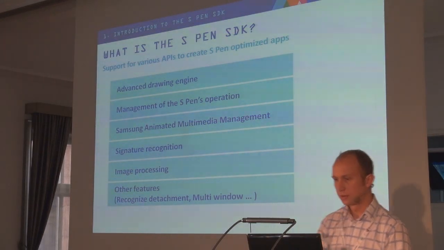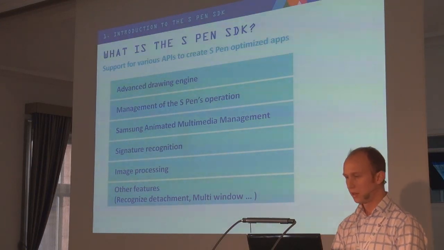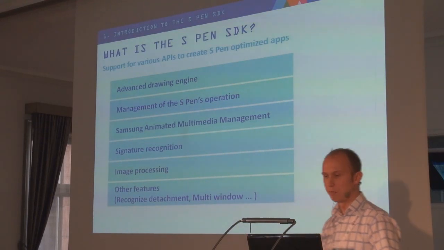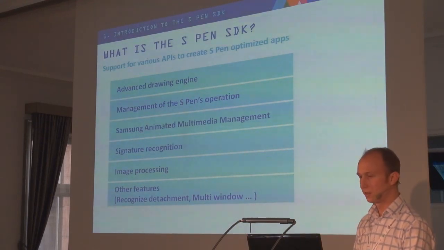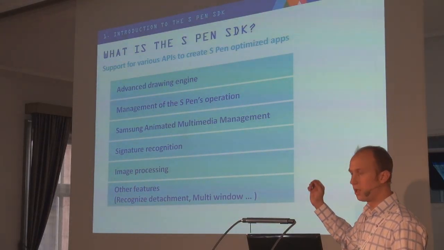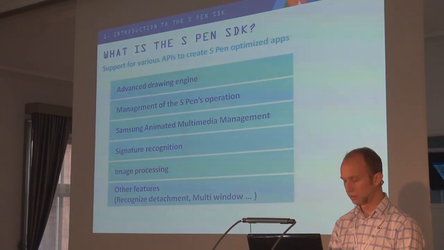Okay, so it helps you to develop the applications that I mentioned earlier. As you can see, it provides many API classes, for managing multimedia objects, which we'll talk about later, like recognizing signatures and also covering images.